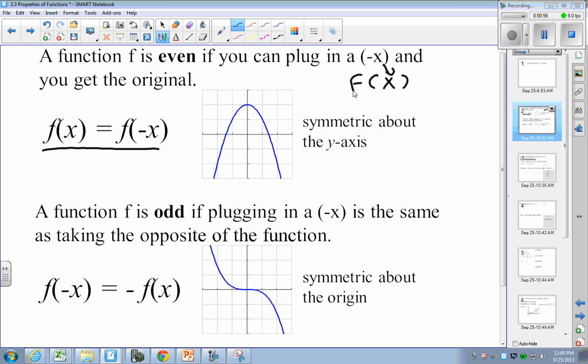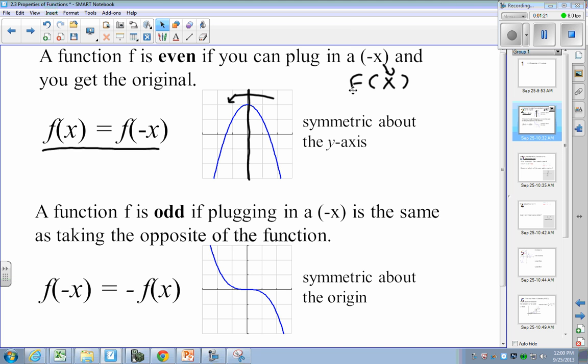And what it looks like graphically is it's symmetric about the y-axis. So if you were to put a mirror on the y-axis, it would mirror one side. So here's our right side, and it's being mirrored on the left. Okay, so that's an even function in a nutshell.